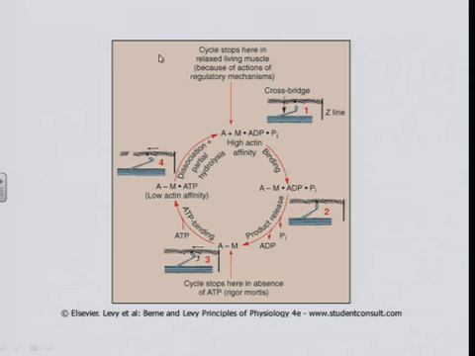Calcium is what normally controls the system, and in certain pathological systems, ATP will control that system, and you will develop an excessive amount of tension or rigor mortis.